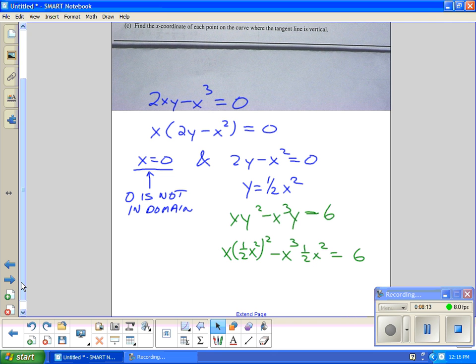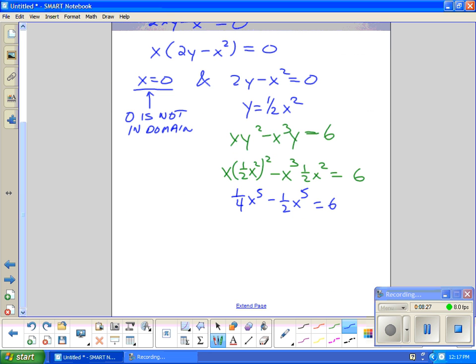And when I do this, I'm going to get x to the 5th on both of these. I'm going to get 1/4 x to the 5th minus 1/2 x to the 5th equals 6. So combining like terms, negative 1/4 x to the 5th equals 6. So I get x to the 5th equals negative 24.